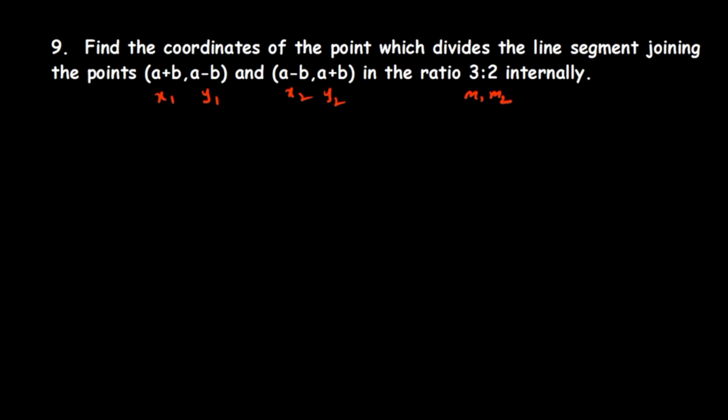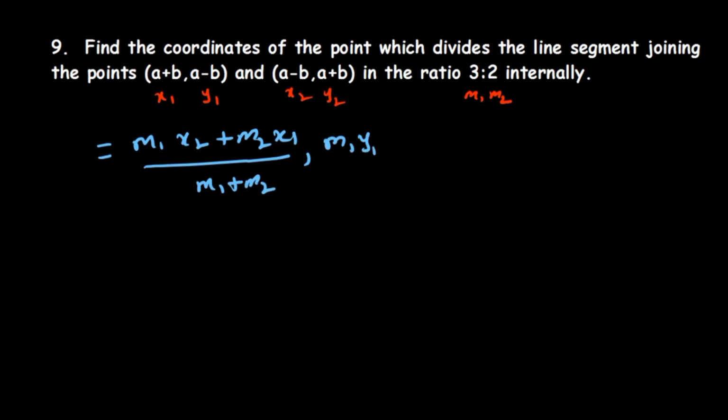So the section formula is m1x2 plus m2x1 by m1 plus m2, and m1y2 plus m2y1 by m1 plus m2.